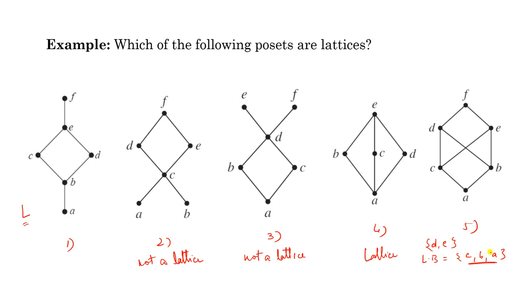Greatest element means an element for which every other element precedes it. So no greatest element is there in this set C, B and A.